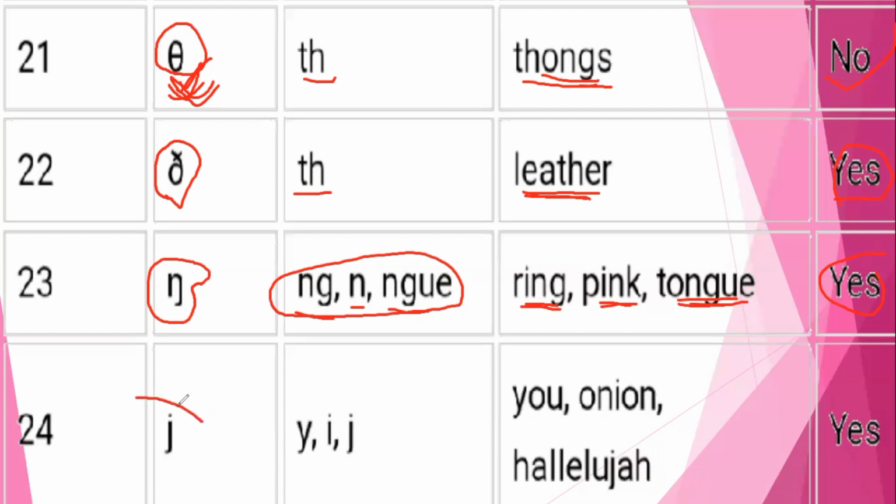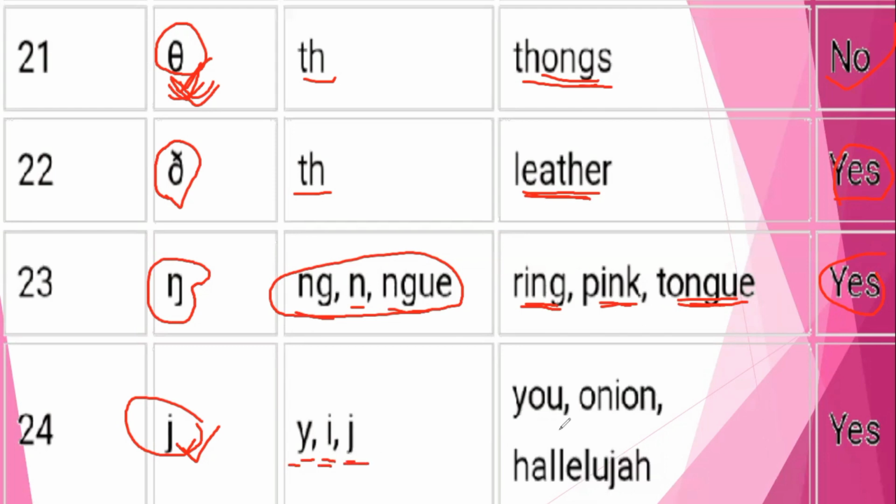The last consonant sound in the international phonetic alphabet is j. It looks like the J of the English alphabet, but its correct pronunciation in the international phonetic alphabet is y. It's pronounced y when there are graphemes like Y, I, and J in the words.